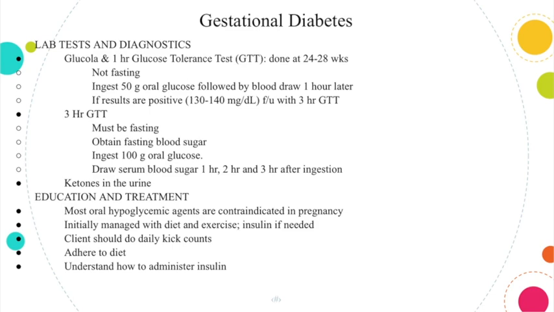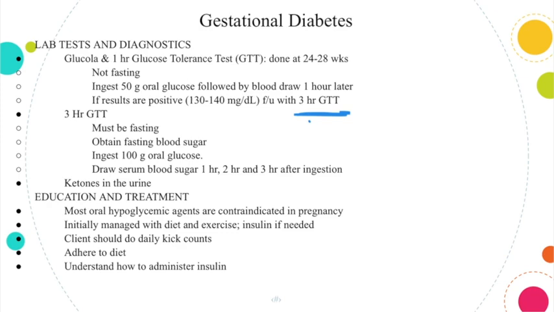It's an oral glucose because there's lots of sugar in there. And then an hour later, they're going to get their blood drawn. And if the results are positive, they're going to have to follow up with a 3-hour glucose tolerance test. If the results are negative, they won't. Okay? But let's go with the conversation anyway, that we have an elevated glucose tolerance test.